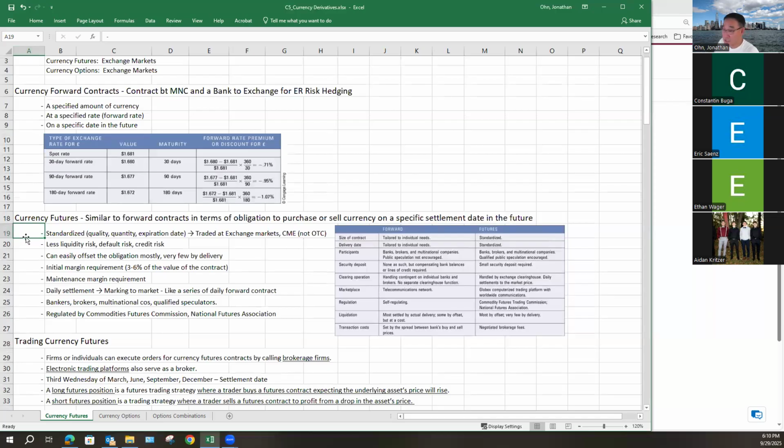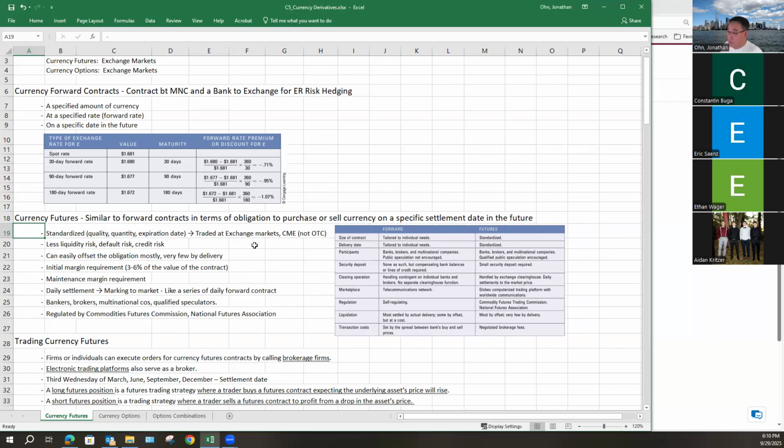But this one is quite different. First, these futures contracts are usually standardized in terms of quality, quantity, and expiration date.